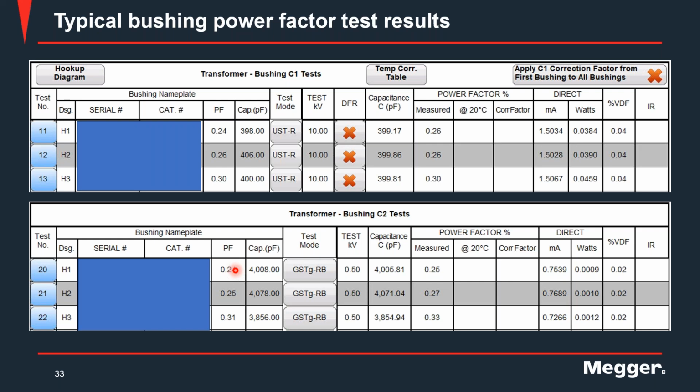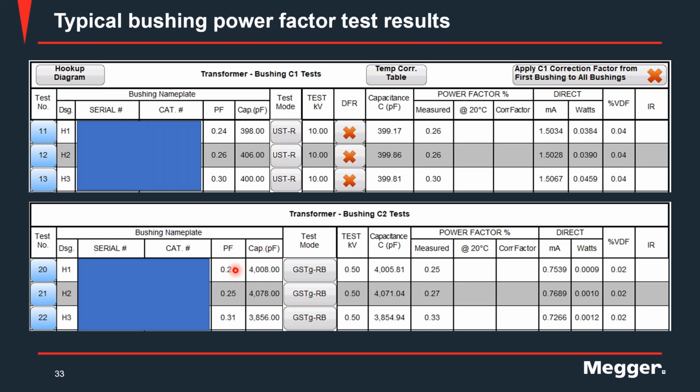In a case like that, the first time you run the test on the C2 of the bushing would become your reference, and henceforth any subsequent tests that are done on that C2, you would compare those values with the first value that you got when the bushing was tested while it was mounted on a transformer.